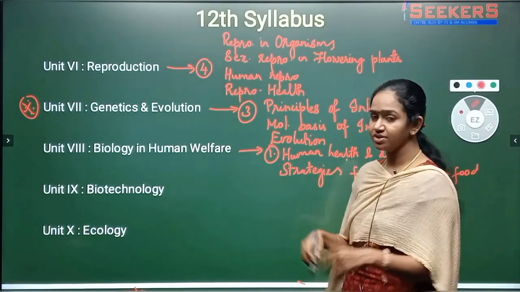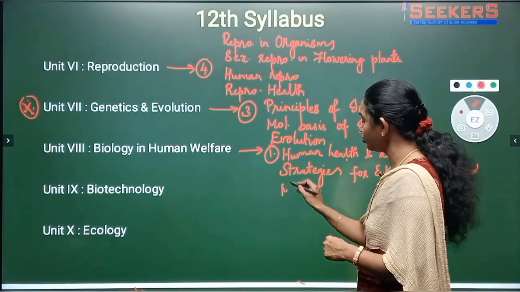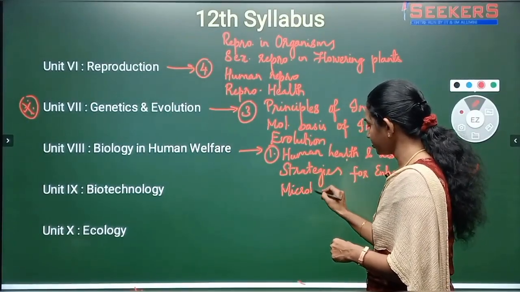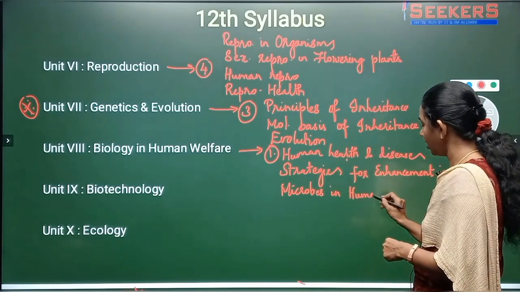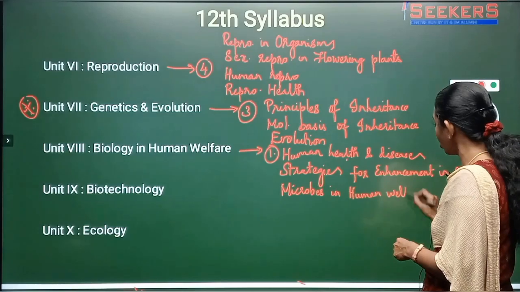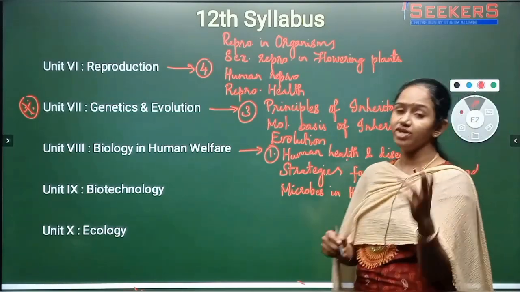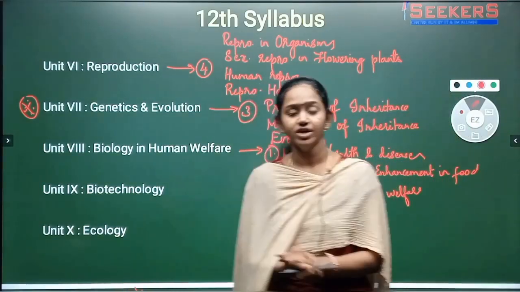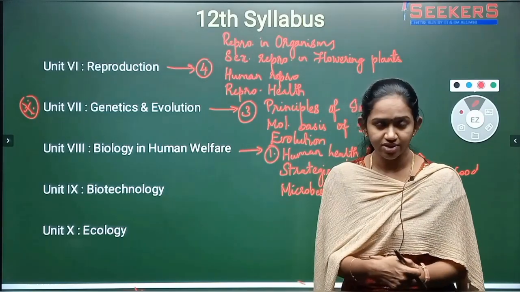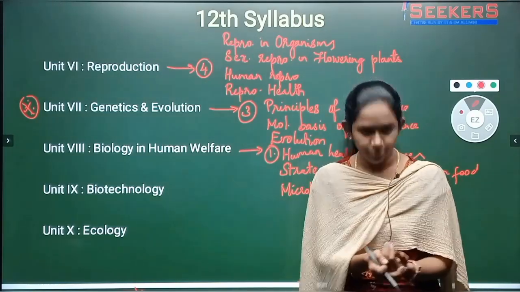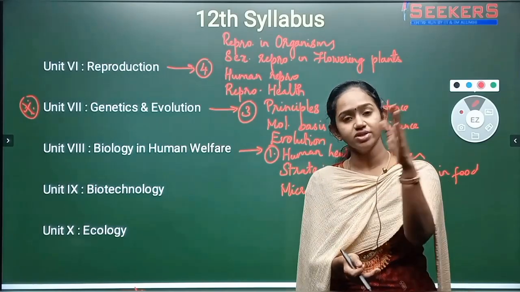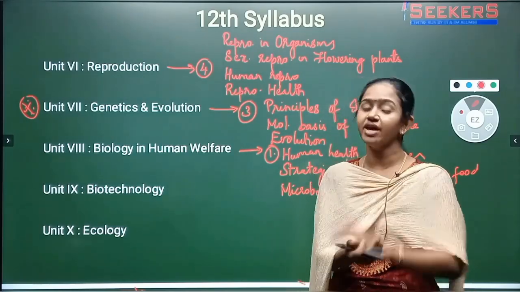And the last chapter in this unit is microbes in human welfare. In this chapter, you will study how microorganisms play a very important role in our daily life, in the preparation of household products, industrial products, how microorganisms are used in the sewage treatment process, and finally what is the participation of microorganisms in the agriculture field.